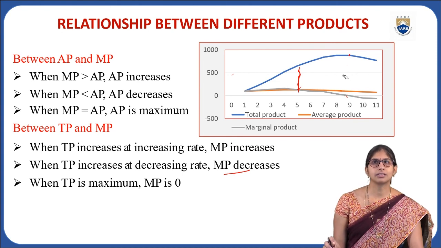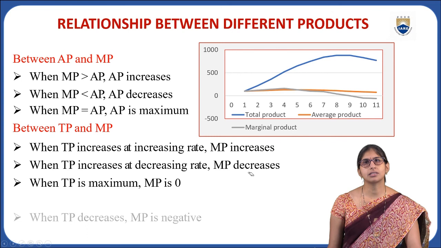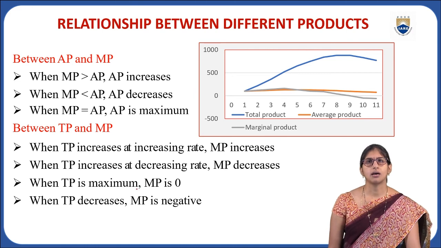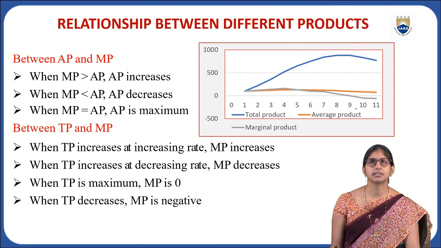So this is the relation between the different products which we have discussed in the law of variable proportion. And of course, when the total product is decreasing, our marginal product is negative. That's the reason it has come down.